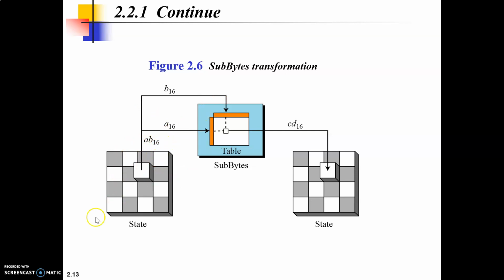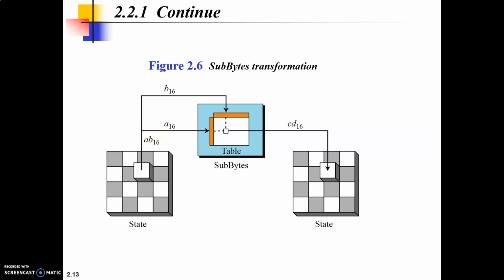So whatever input you have, if it is AB to the base 16, look into a lookup table called a SubBytes table, and look at the Ath row and the Bth column of that table. Again, this input here is, suppose, AB to the base 16.